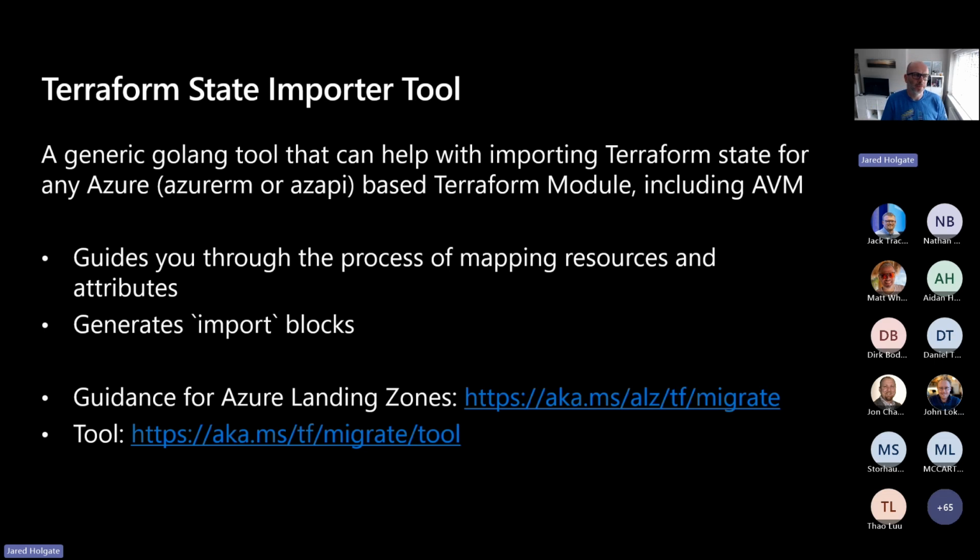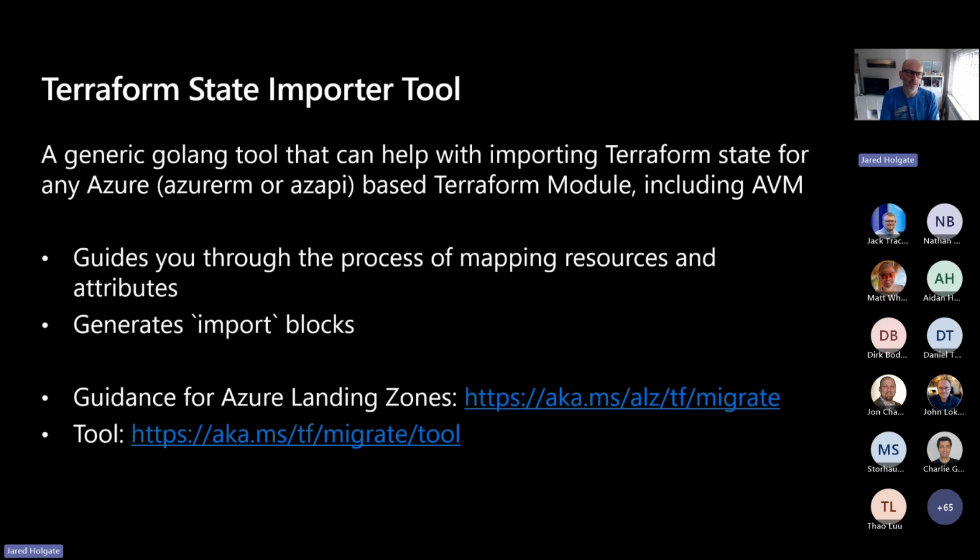Okay, so we've written this tool. We wrote it basically because we needed to have a migration path from the CAF Enterprise Scale module, which is part of the Azure Landing Zones, to the Azure Verified Modules for Platform Landing Zone, which is the AVM version of the Platform Landing Zone modules. And we needed a way to help customers with that migration process.